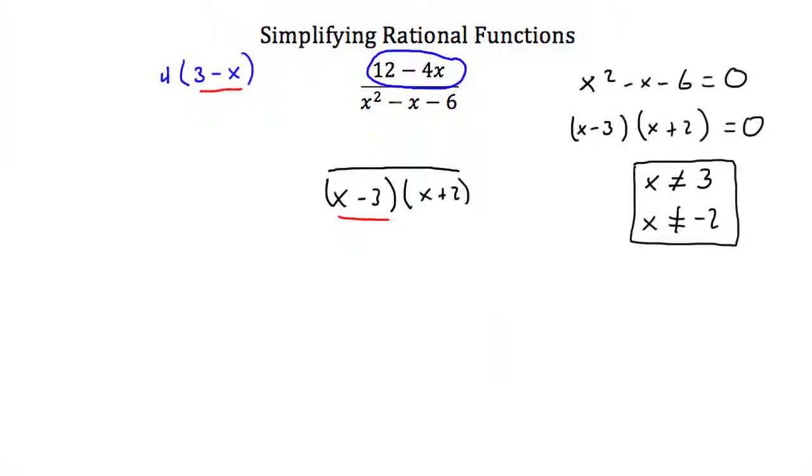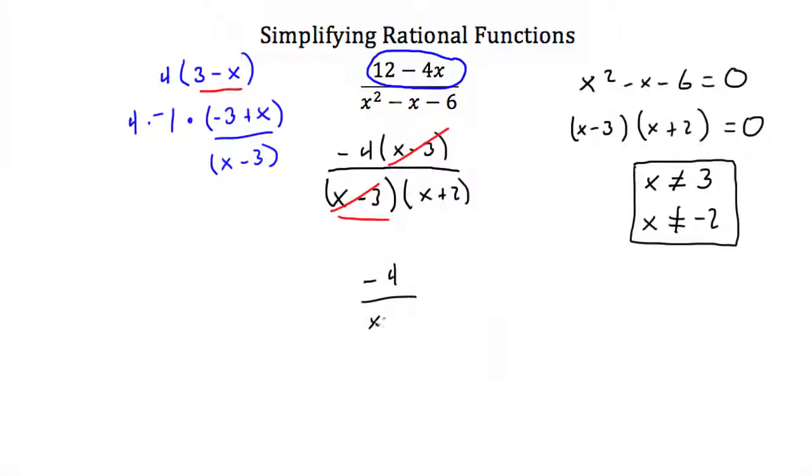If I do that, this becomes 4 times negative 1, times negative 3 plus x. And then I can rewrite this as x minus 3, because that would mean the same thing. So my numerator then is just negative 4 times x minus 3. Now I have an x minus 3 in both the numerator and the denominator, so they cancel and I'm left with negative 4 over x plus 2.